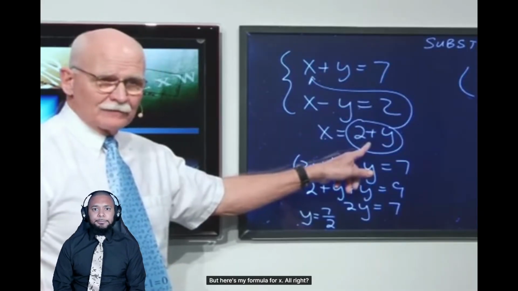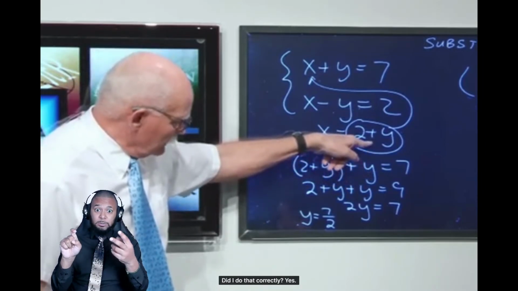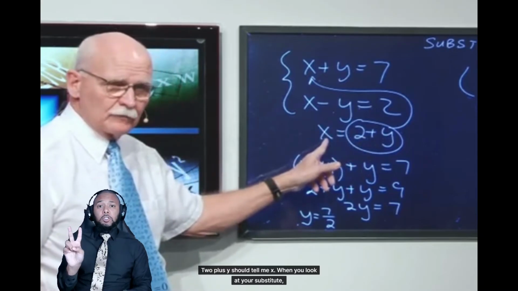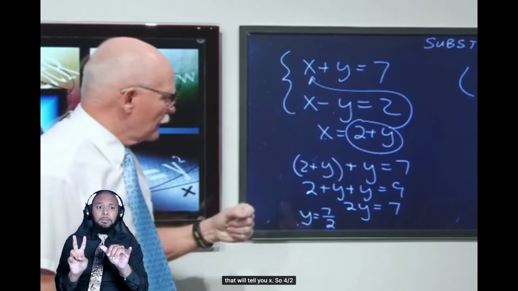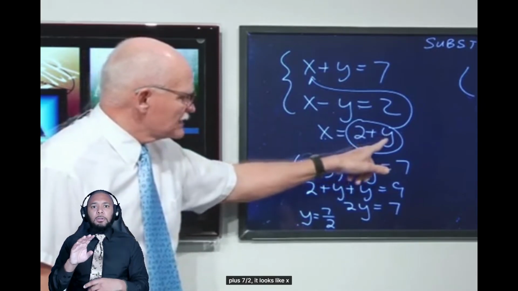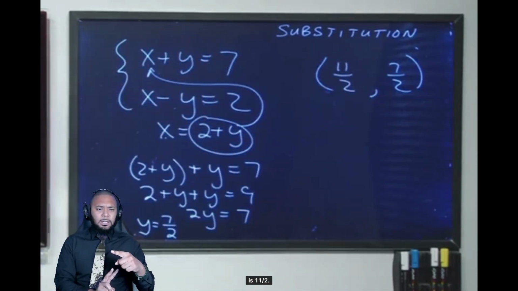But here's my formula for x. All right? Did I do that correctly? Yes. 2 plus y should tell me x. When you look at your substitute, that will tell you x. So 4/2 plus 7/2, it looks like x is 11/2.